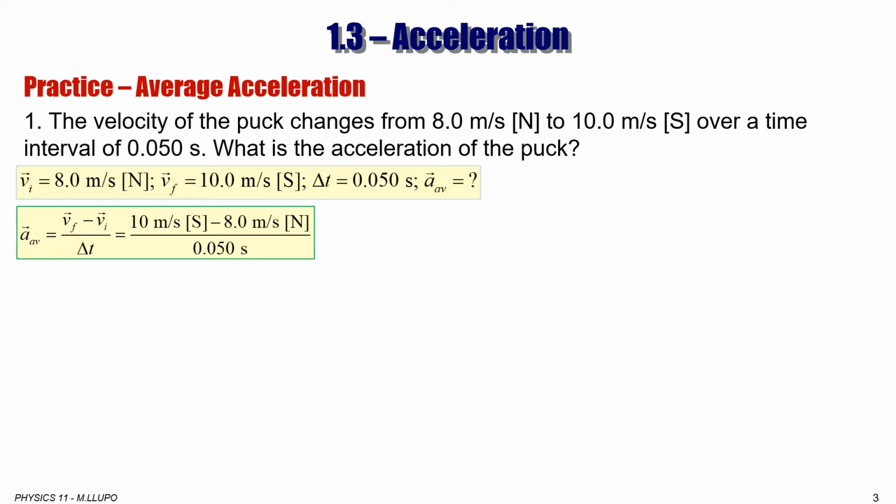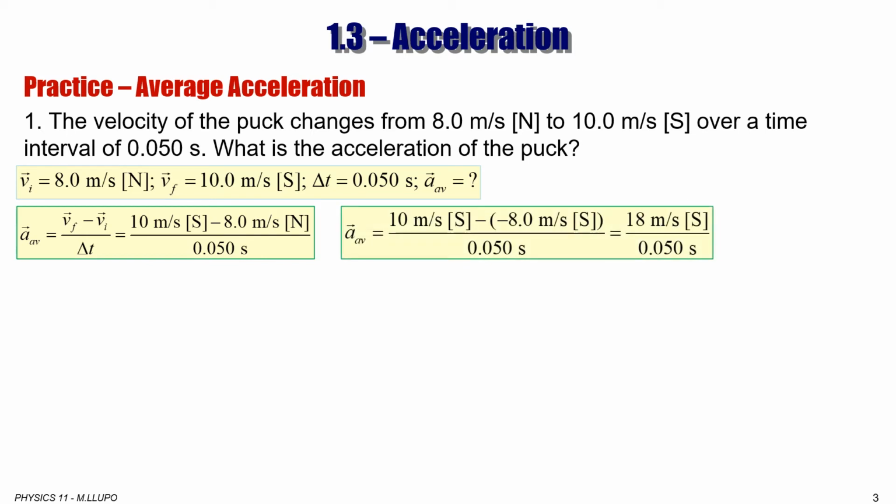When you flip the direction, the sign in front has to change as well. So that's what we do. Now we have 18 meters per second south over 0.050 second. That is equal to 360 meters per second squared south.